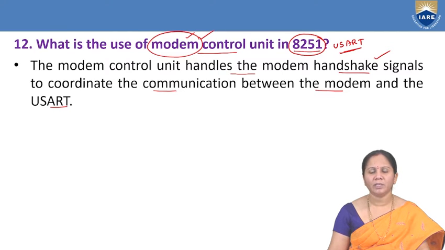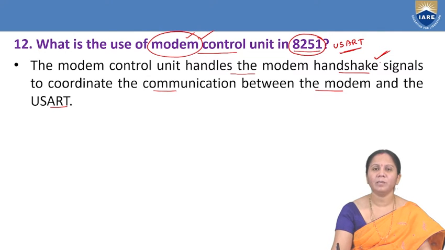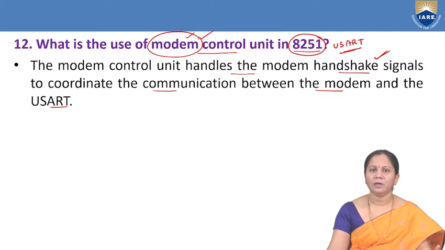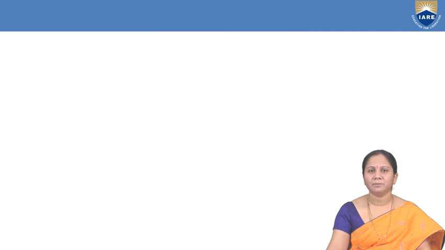Some of the handshaking signals available in the modem are data terminal ready, data set ready, request to send, and clear to send. There is also another pair of handshaking signals. These are some of the handshaking signals available in the modem, using which it communicates with the 8251 USART.